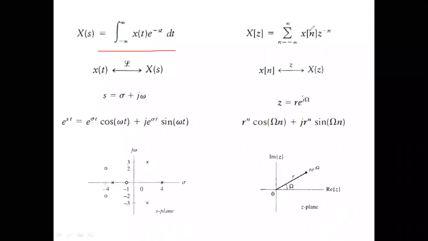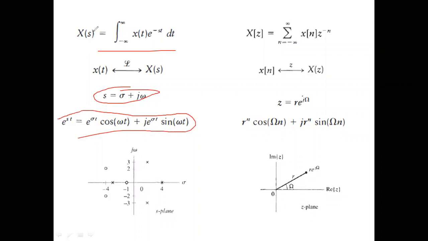Here we have discrete time. Since our signal is discrete time, instead of integration, we will have summation. Instead of e to the power minus st, the continuous complex exponential, where you have been taught that s equals sigma plus j omega, X of s means you represent the given signal x of t in terms of continuous time complex exponentials.